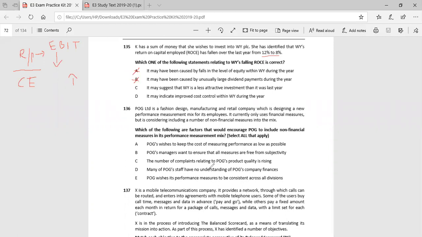C talks about it may suggest that WY is a less attractive investment than it was last year.